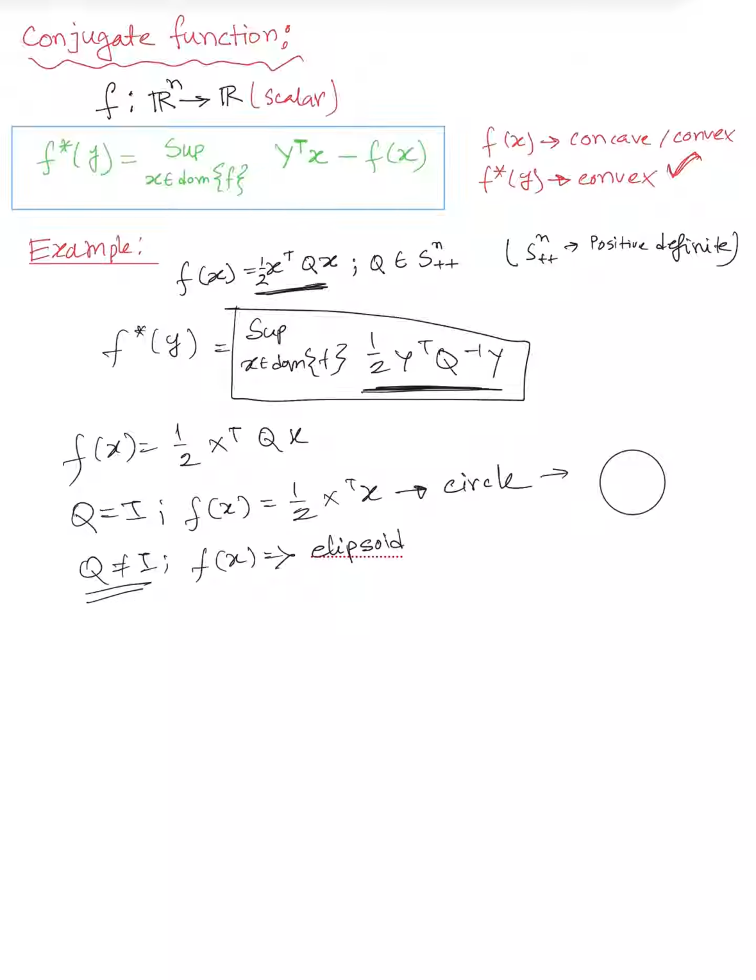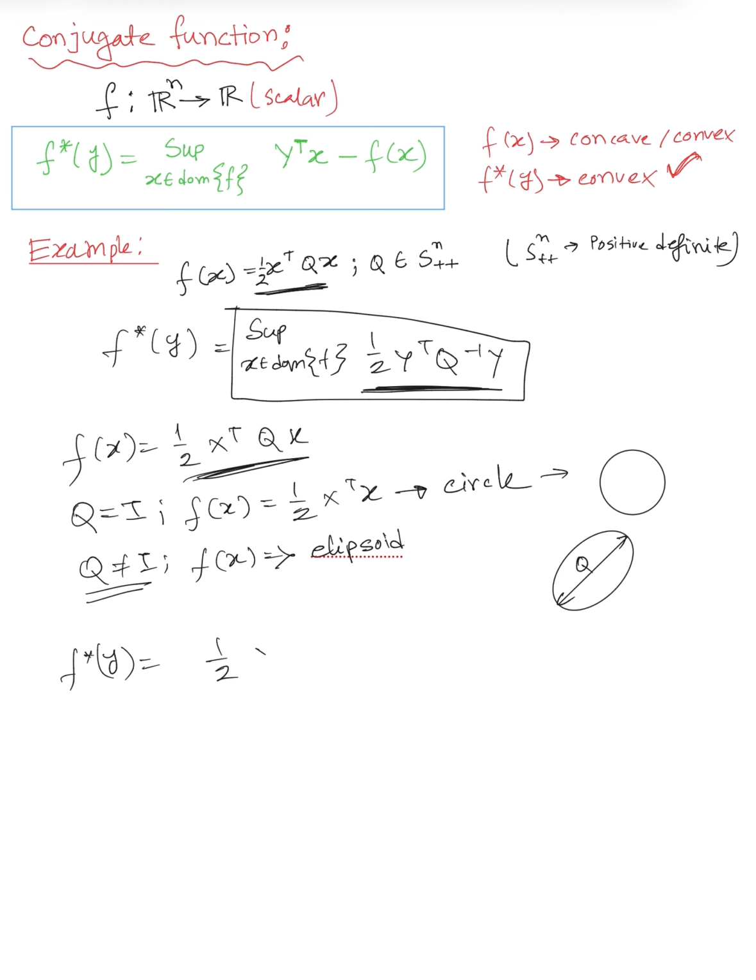And then we get something like this, an ellipsoid, in the direction of Q. So that is the physical meaning of this function. But what does the conjugate function mean? This looks pretty similar.